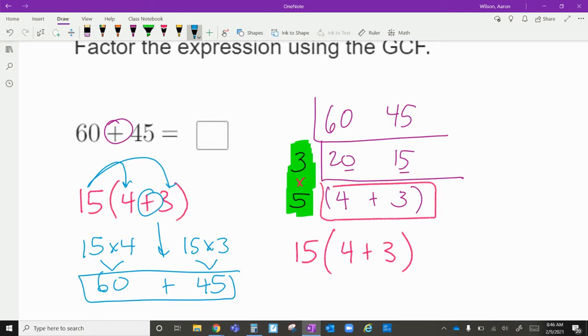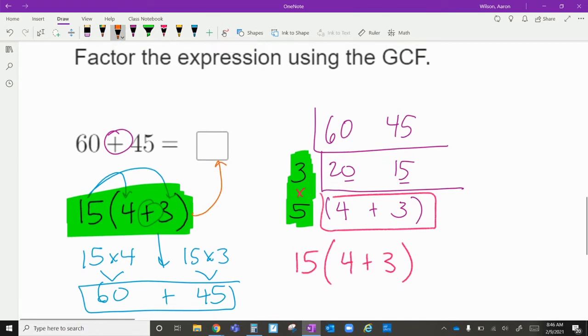So what I mean by end up where we started, this answer that's highlighted in green, that's what goes inside that box. So by factoring 60 and 45, you have to find the greatest common factor. Now I chose to use the ladder method. The reason why I chose the ladder method, I think that's one of the simplest ways to find the greatest common factor.